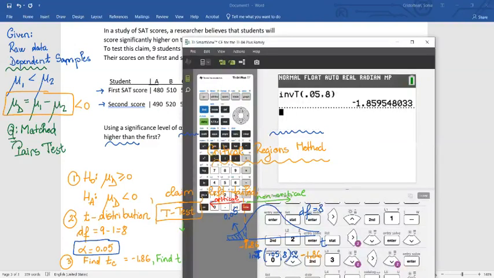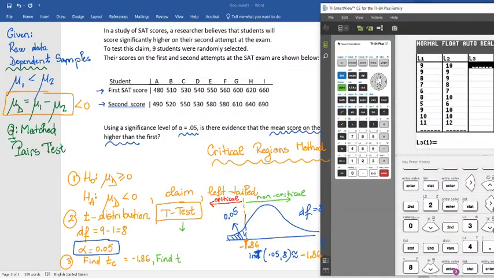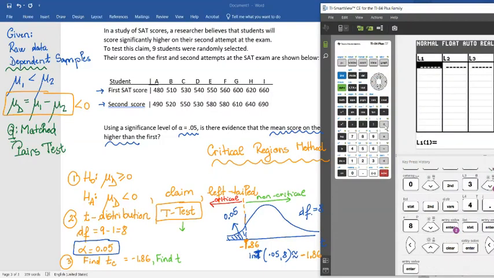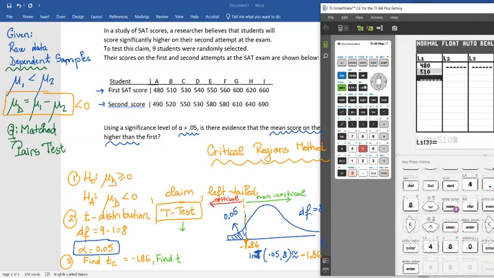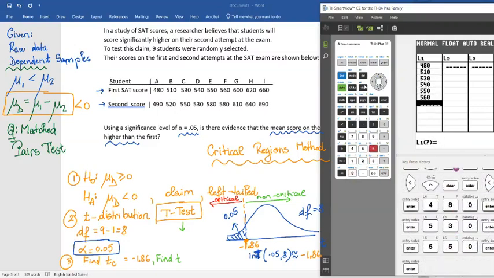So let's go ahead and use the calculator. The first thing we need to do is actually enter these values in list 1 and list 2. So let's go back to stats, edit, clear the list one by one, or we can go back to the previous screen and clear all at once. I will clear it one by one for now. And let's enter these new values. Okay, so I have 480, 510, 530, 540, 550, 560, 600, 620, and 660.